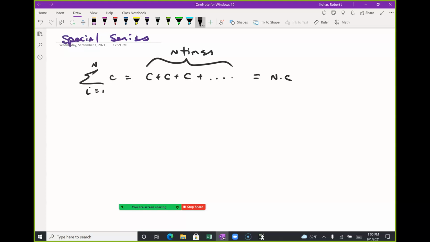It's pretty obvious. The sum from i equals 1 to 3 of 7 is 7 plus 7 plus 7. The top number tells me three terms, so that's 21 if I just add them up, but of course that's 3 times 7. So that formula obviously works for the sum of a constant.